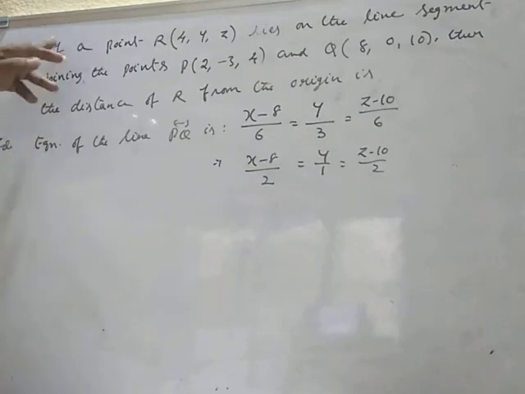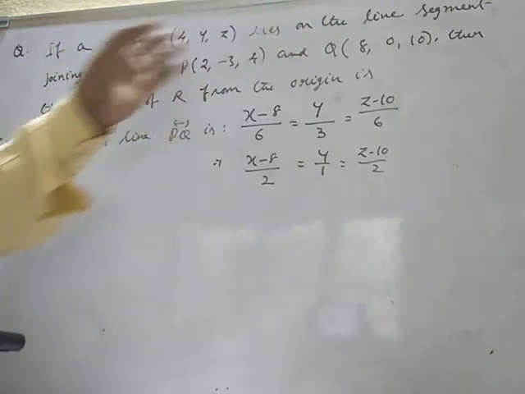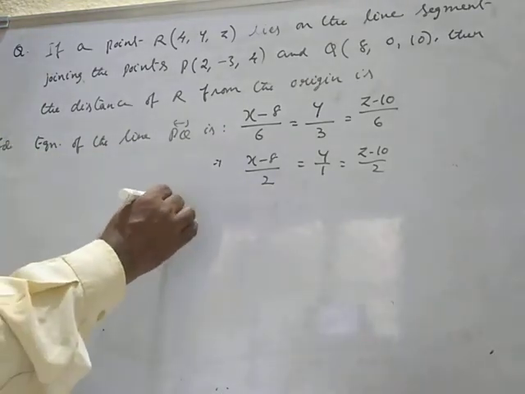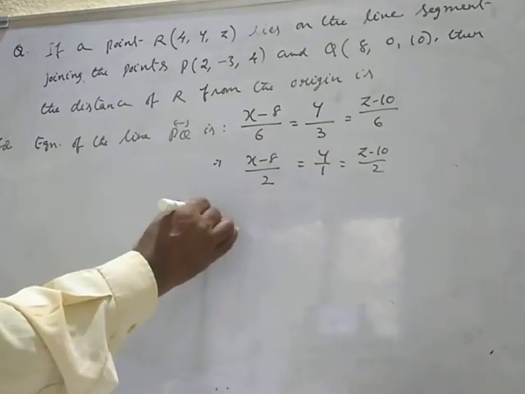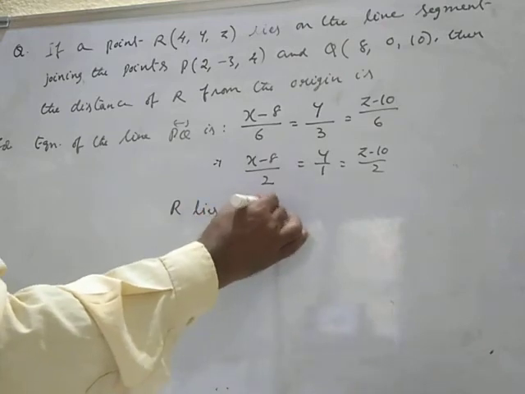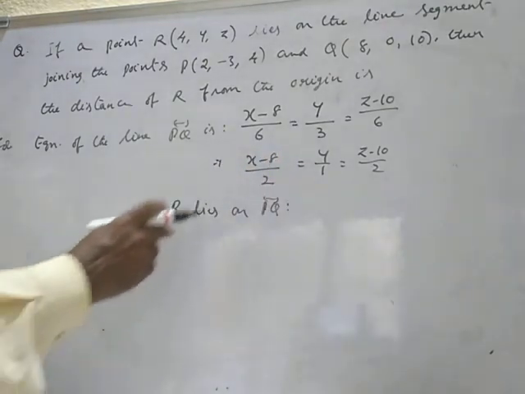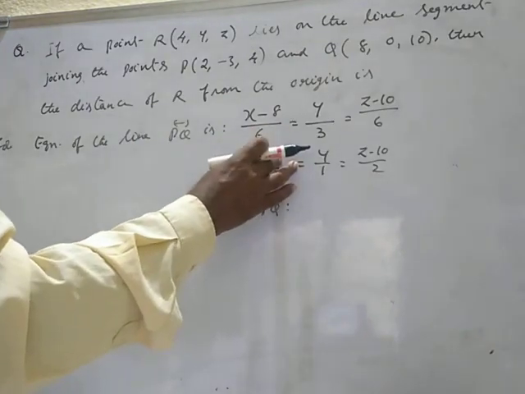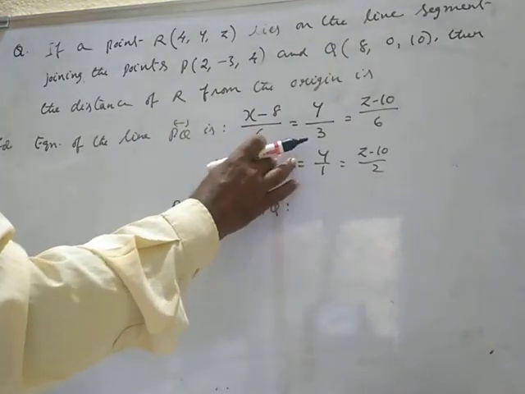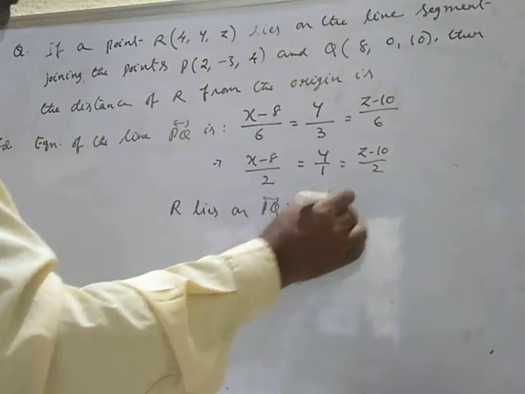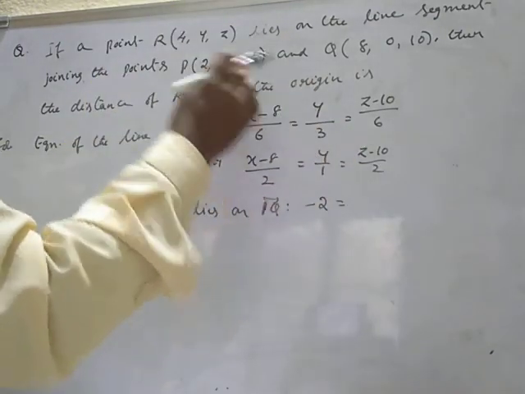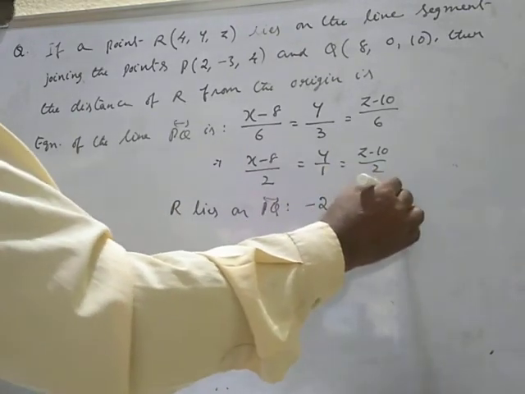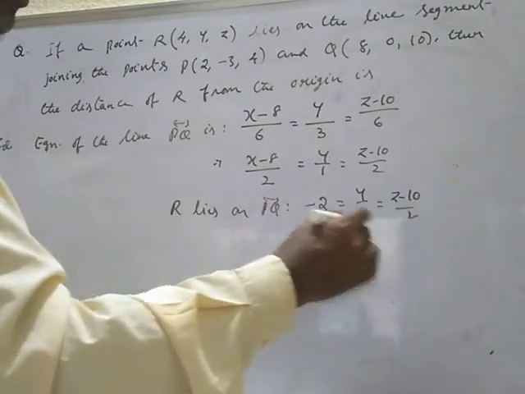So here, if a point R lies on the line segment, R lies on PQ. By substituting x equal to 4, we get (4 minus 8) by 2, which is minus 2, equal to y by 1 equal to (z minus 10) by 2.